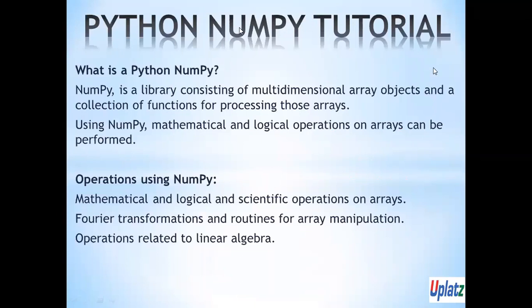An array is a collection of elements of the same data type. We have seen lists, which can hold elements of different data types, but the values of an array should be of the same type. There should not be any mix of data types in NumPy.